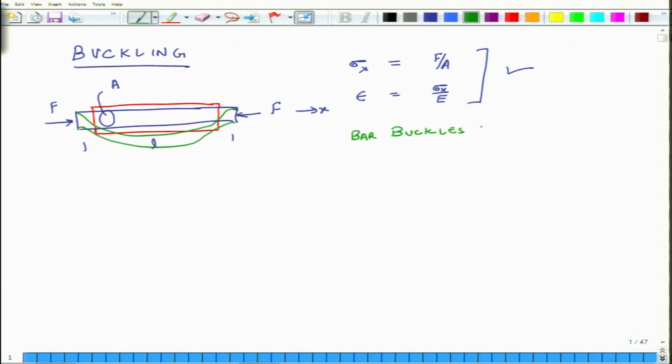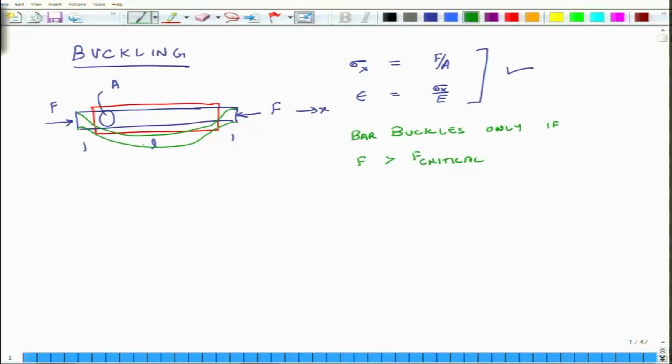But it does not buckle at any load; it buckles only if F is greater than some critical value, let us call it F critical. If F is less than F critical, then it does not buckle. If it exceeds or equals this critical value, it buckles.